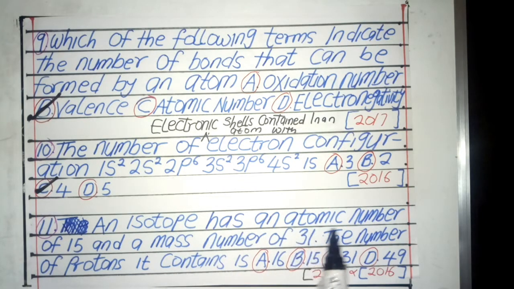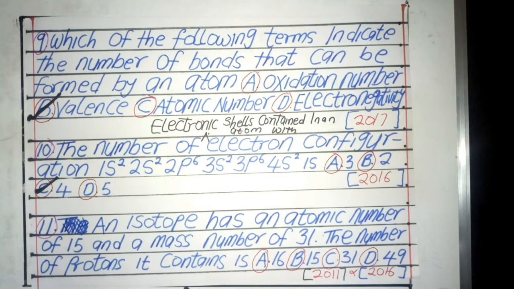We're given the atomic number as 15 and the mass number as 31. We are told to find the number of protons it contains. This question is from 2011, 2016; at times JAMB questions normally repeat them. So let's read the question.